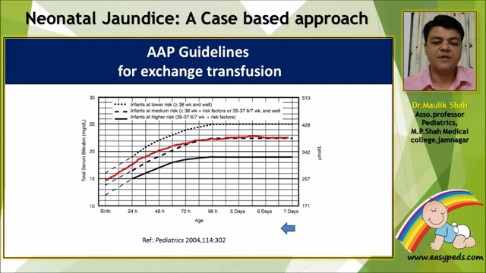The basic curve we are going to follow is the middle one. The problem is shown in this particular square, where the area of uncertainty exists. That's why the lines are broken in that zone. So we need to use our own unit policies for the first 24 hours while looking at cases of early onset jaundice.